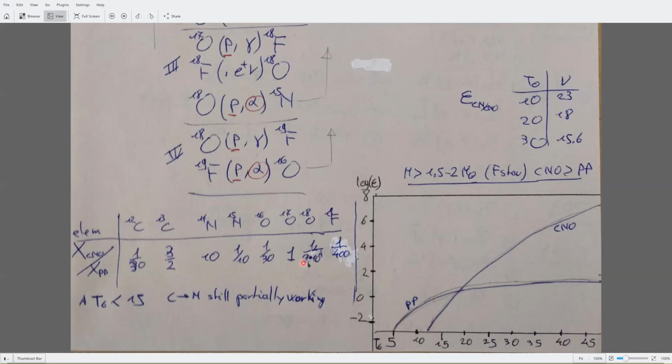One, that it is the main source of energy for stars above approximately 2 solar masses, with the core above 15-20 million Kelvin, but also it is the reaction that will cause a change in abundance when it starts. And we'll see later that this is also the main reaction in the hydrogen shell.